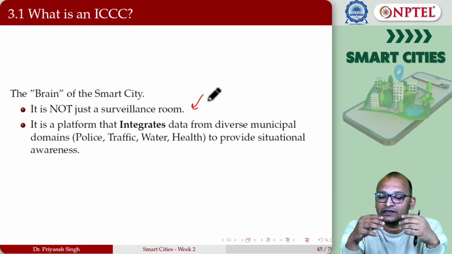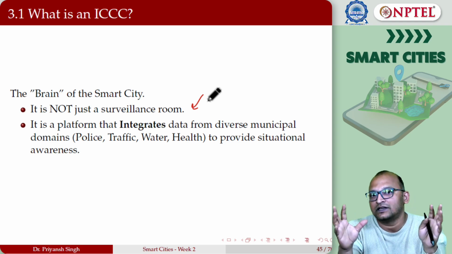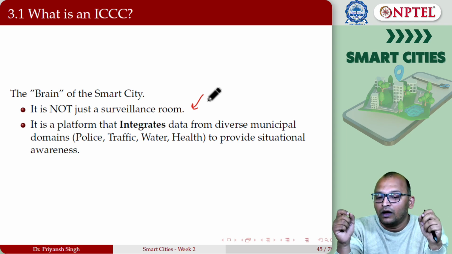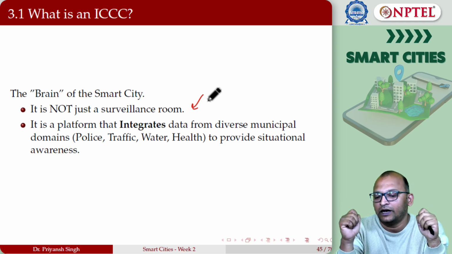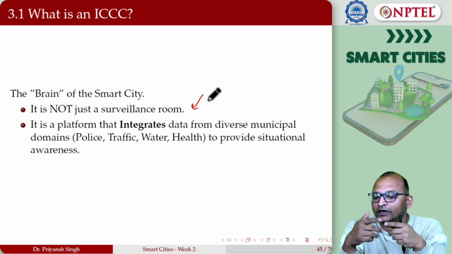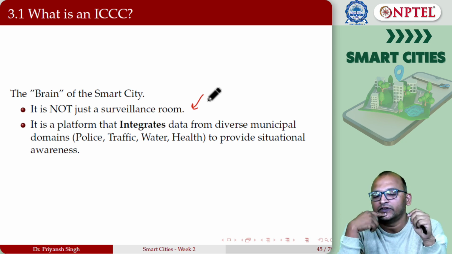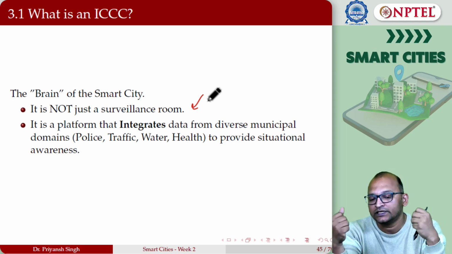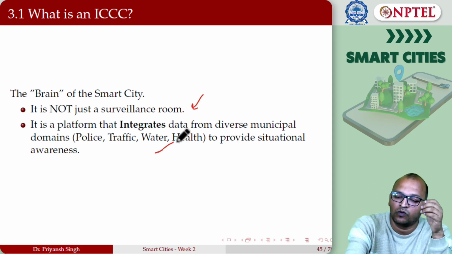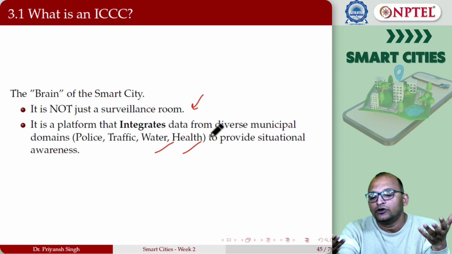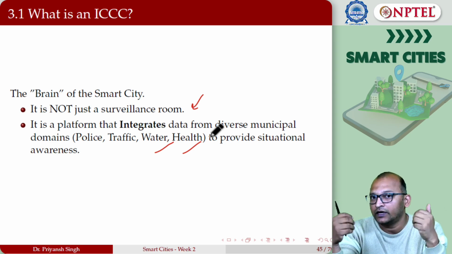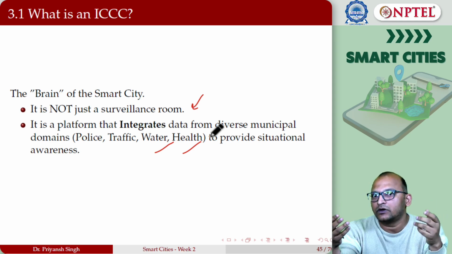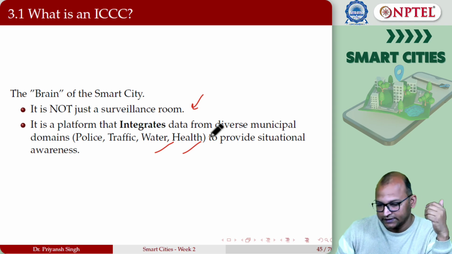But this command center is not just a surveillance room. It is a platform that integrates the data coming from different departments and domains, maybe from the police, the traffic, the water, or health, to provide situational awareness and the correct solution for that use case.